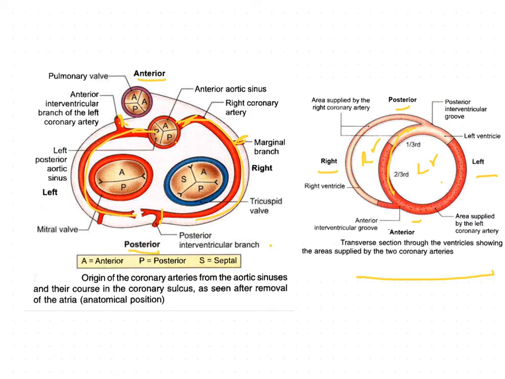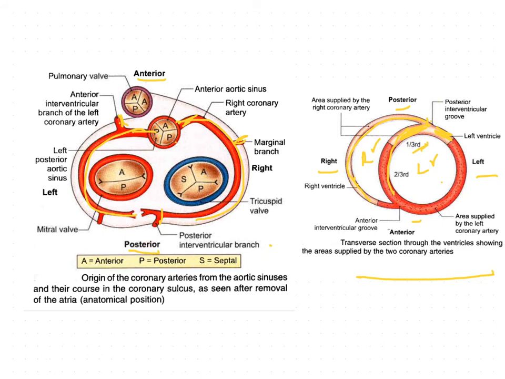So here the lightened part is supplied by the right coronary artery. So the majority of the right ventricle is supplied by the right coronary artery, and the posterior interventricular groove, that is the adjoining surface of this posterior interventricular groove, some part of the left ventricle is supplied by the right coronary artery, and right coronary artery supplies 1/3 of the interventricular septum, that is the posterior part.